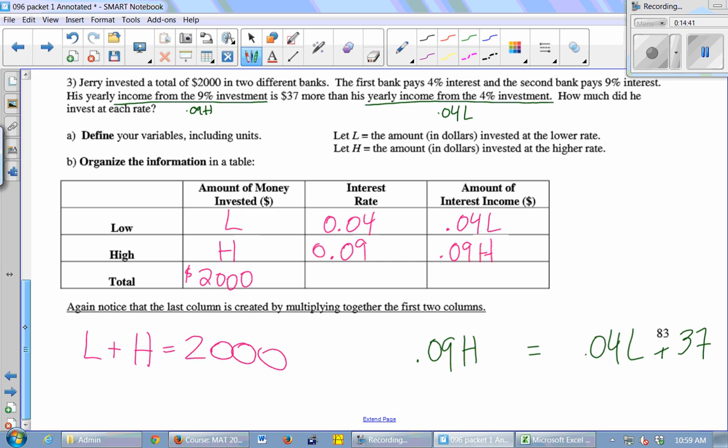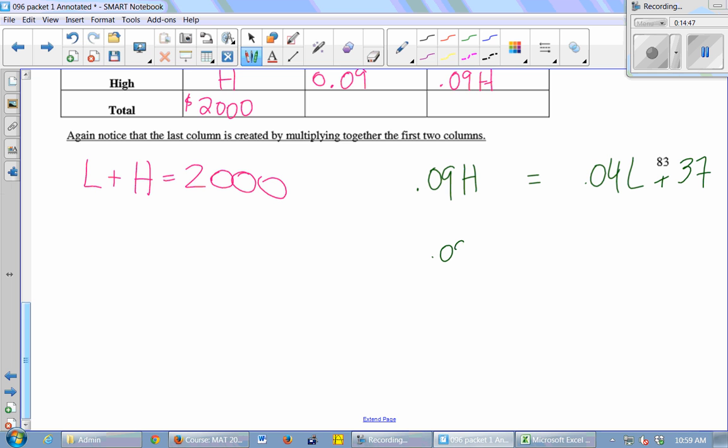So now you have 2 equations with 2 unknowns. I might rewrite this green one so it looks a little less messy. 0.09 H equals 0.04 L plus 37. And then you could pick your favorite method for how to solve these two. Anybody have a thought which one seems most efficient to you at this point?